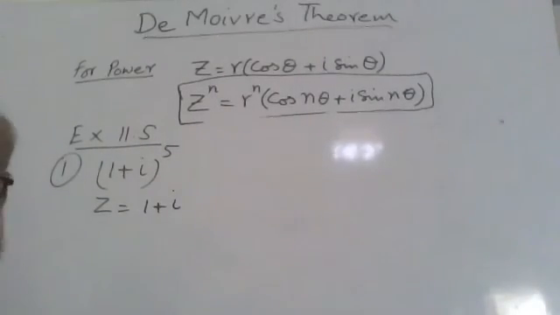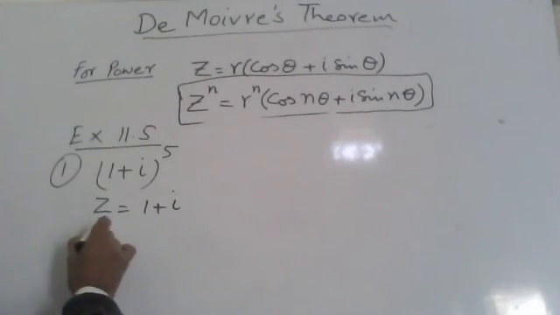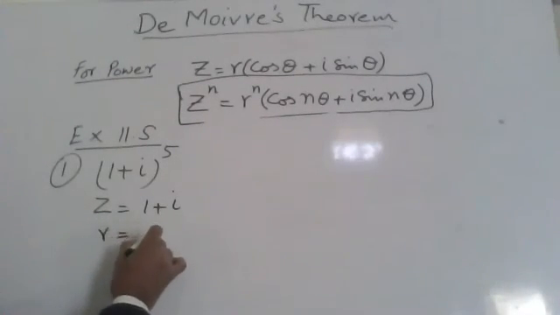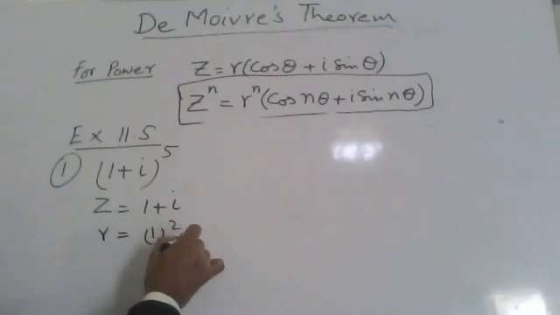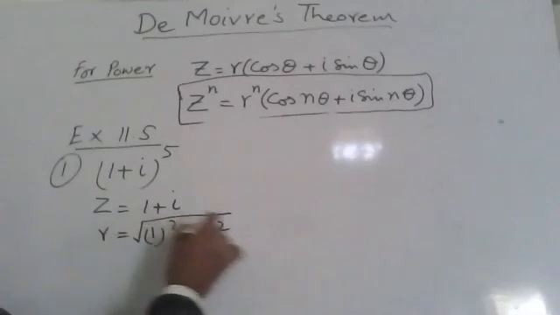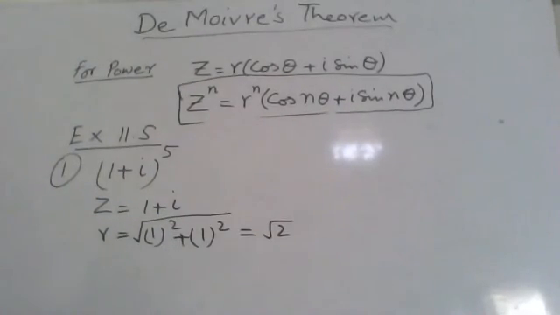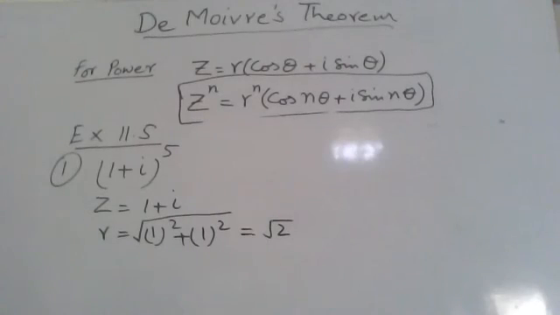First of all, we find r. R is equal to the square root of 1 square plus 1 square, since the coefficient of iota is 1. The answer is root 2.